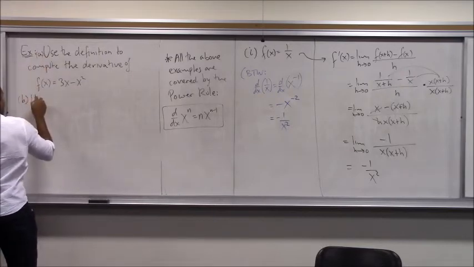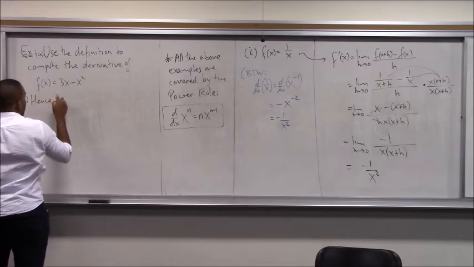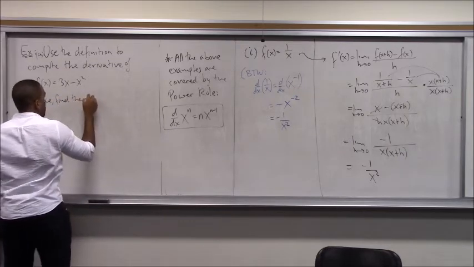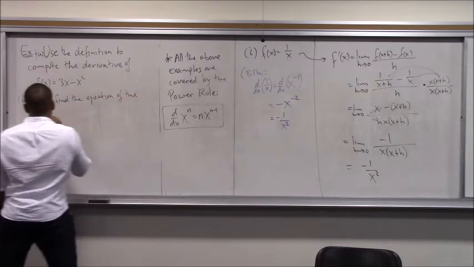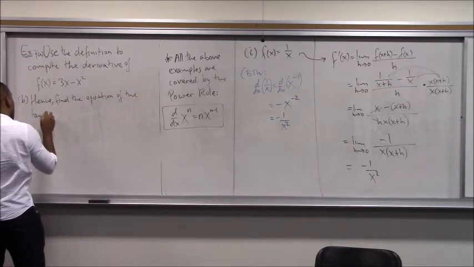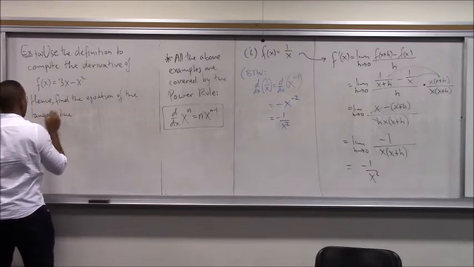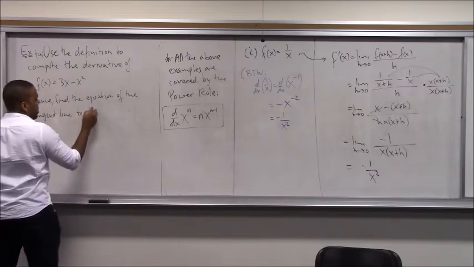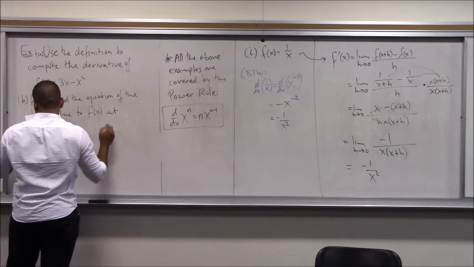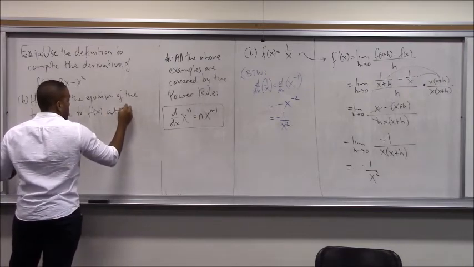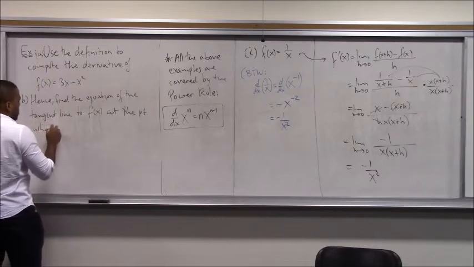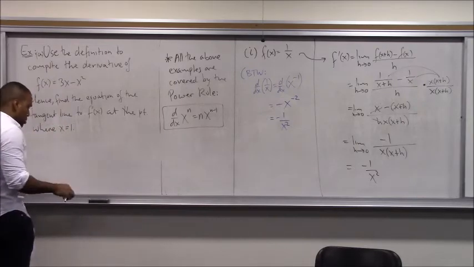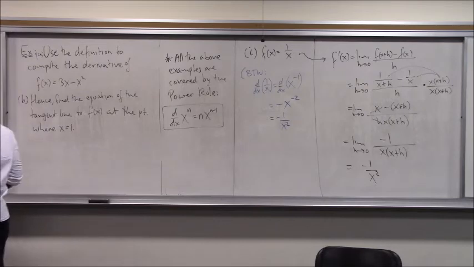Part B says: hence find the equation of the tangent to f of x at the point where x equals 1. Let's work through that.